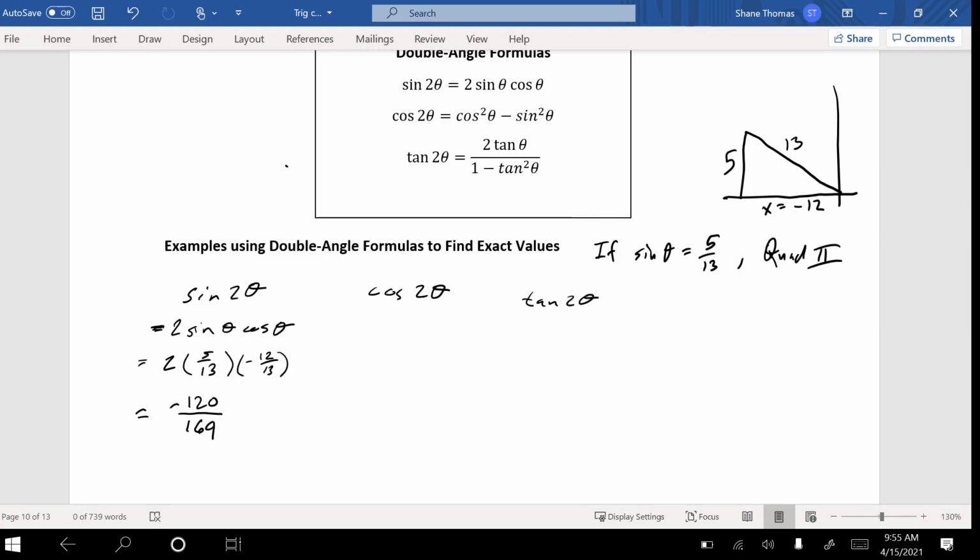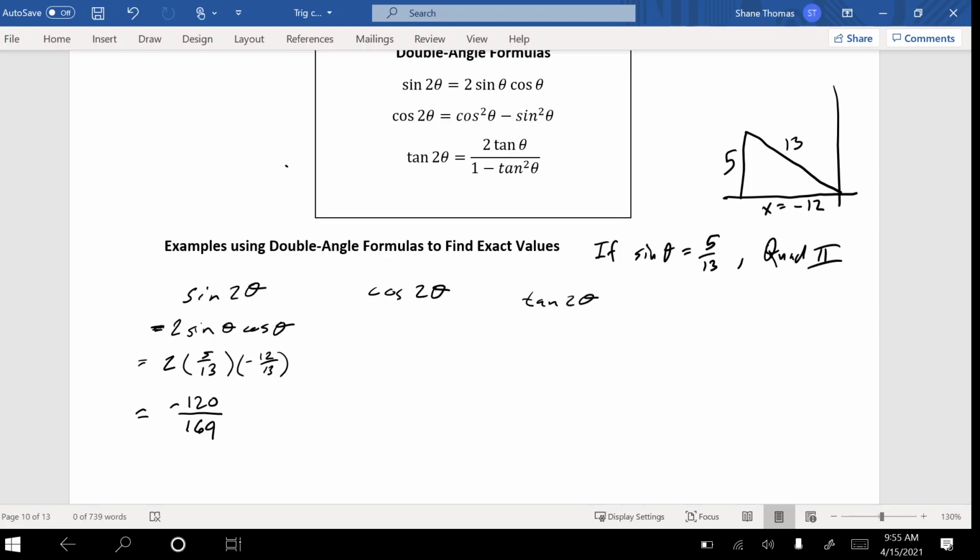All right. I won't simplify. That's not a very pretty answer, is it? That's not very satisfying. Questions on that one? We didn't do tangent yet. We're going to do cosine next. So that would be the sine of 2 theta for that given scenario.